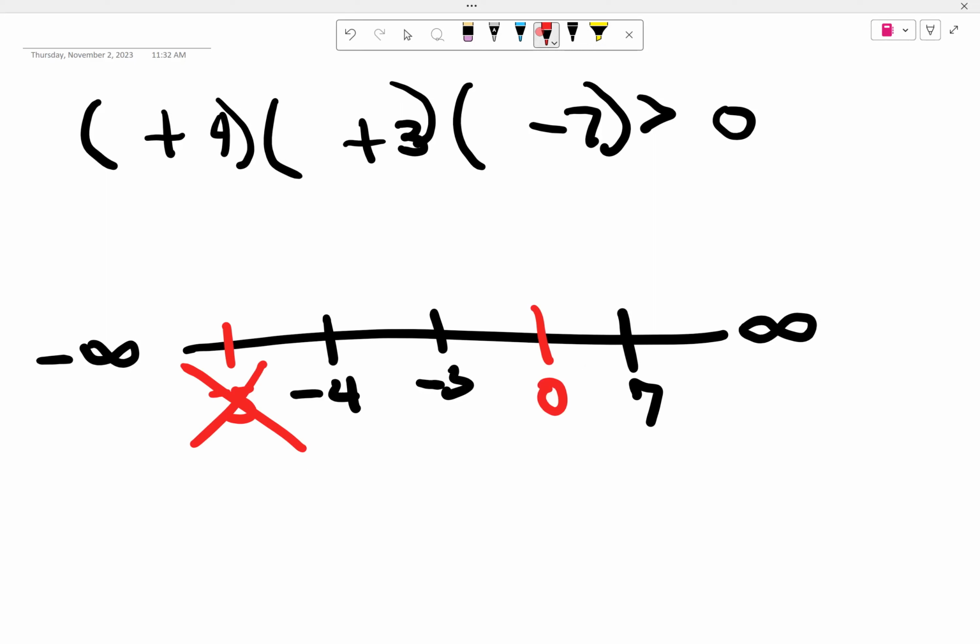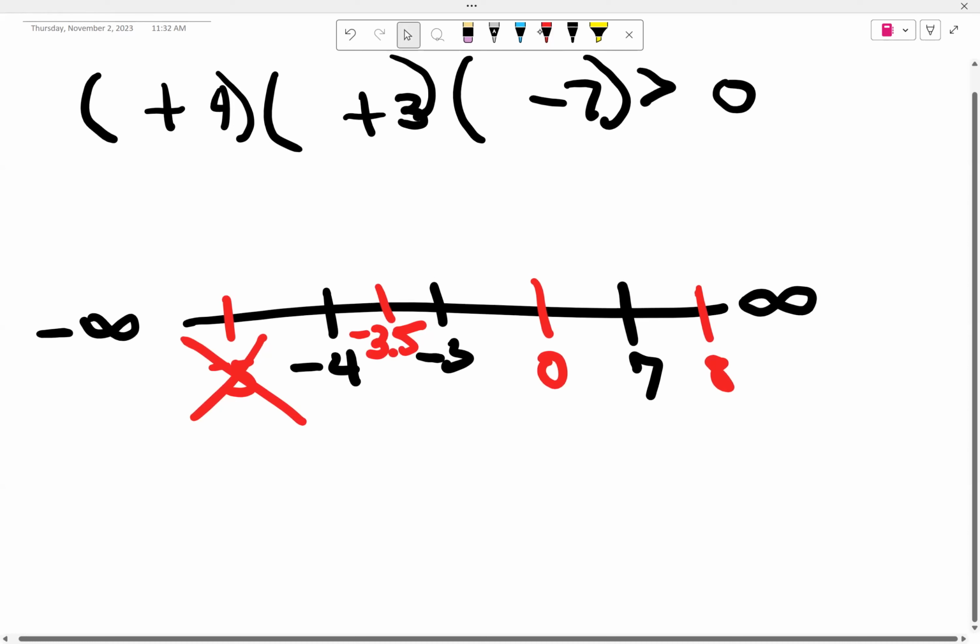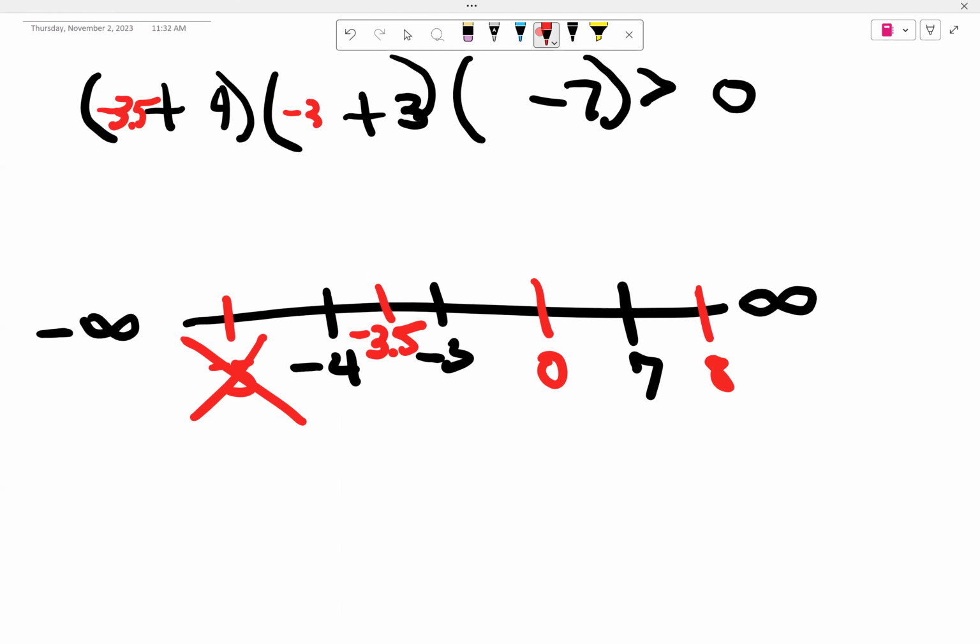I'm going to try the 0. There's an 8. I'll try the 8, and this is -3.5 here. So if I try the negative 3.5, I'll put that here, and negative 3.5 here.